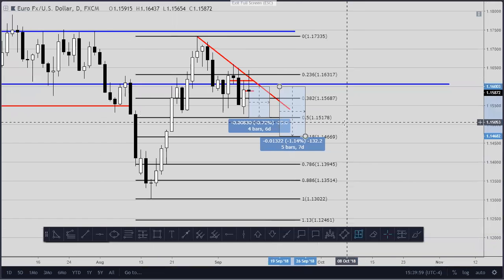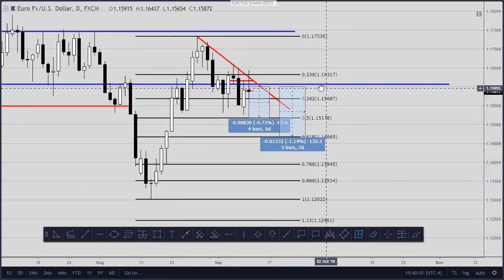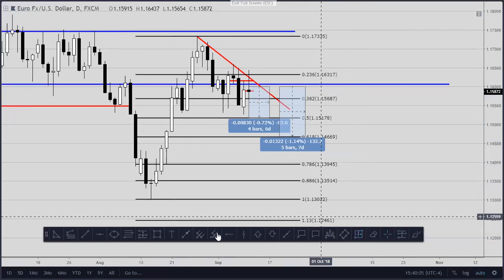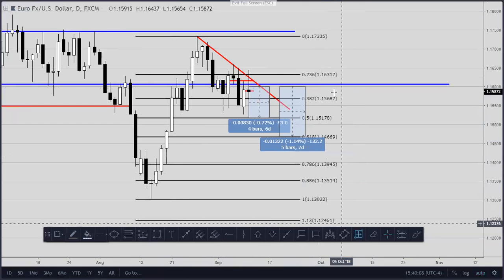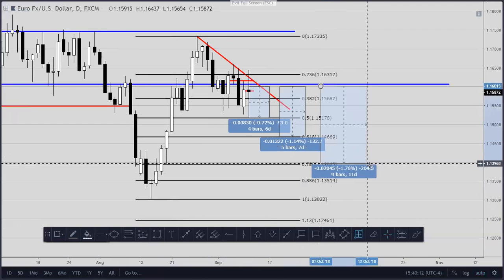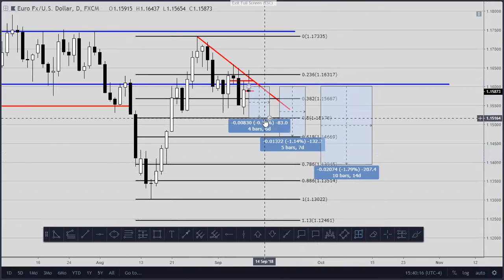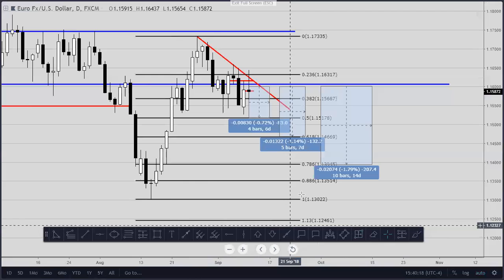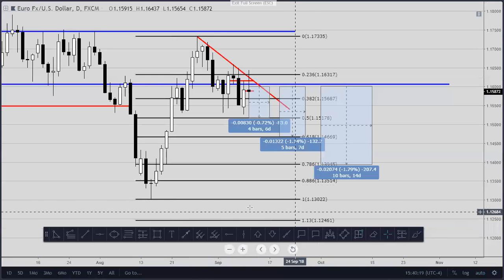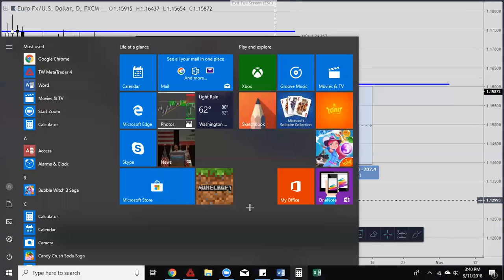All right. And then target 3 to the 78.6%. That's 83, 132, 207. Major pips. Let's add all those up.